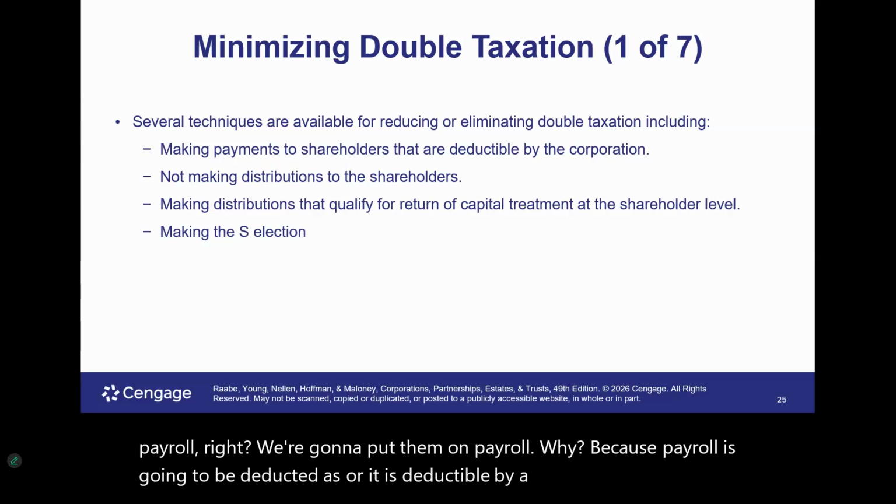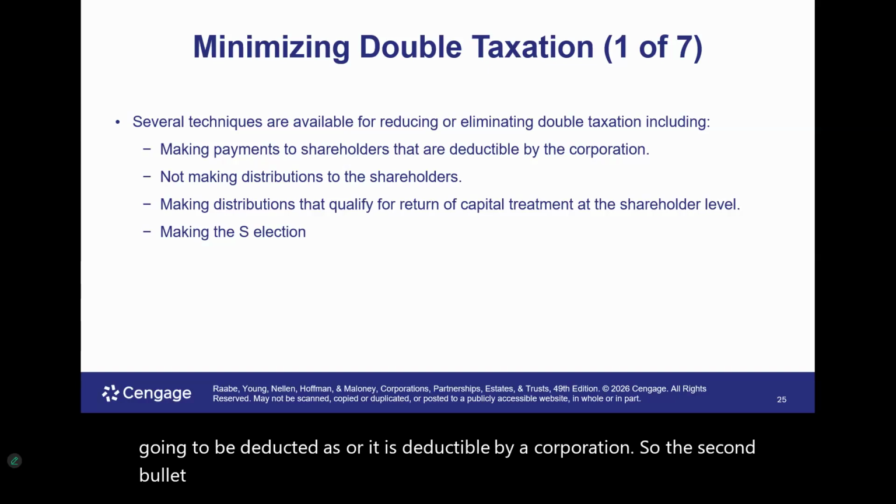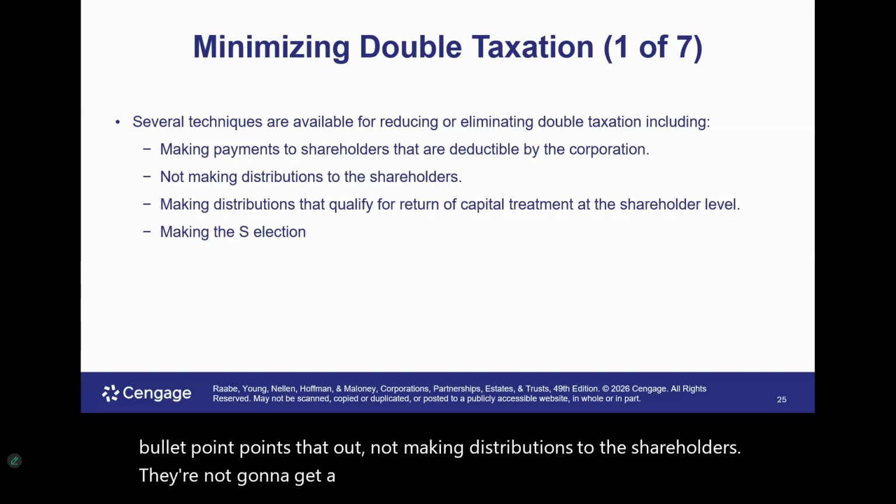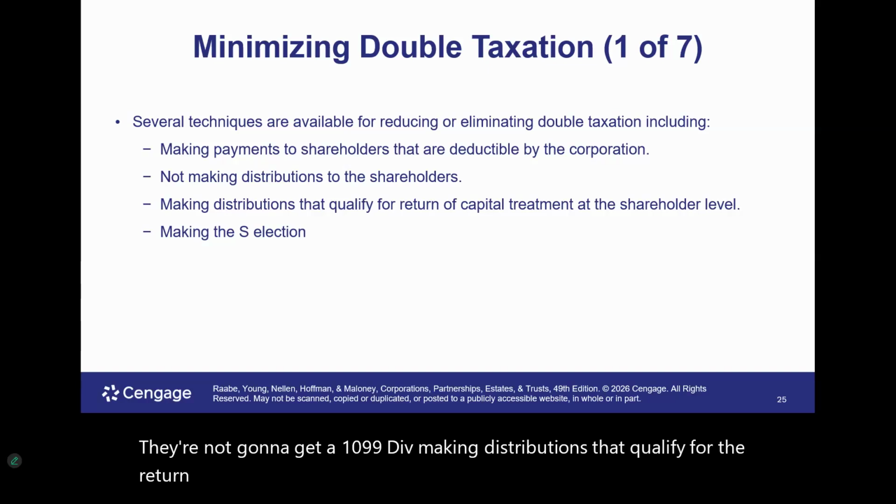So the second bullet point points that out. Not making distributions to the shareholders. They're not going to get a 1099-DIV. Making distributions that qualify for the return of capital treatment at the shareholder level.